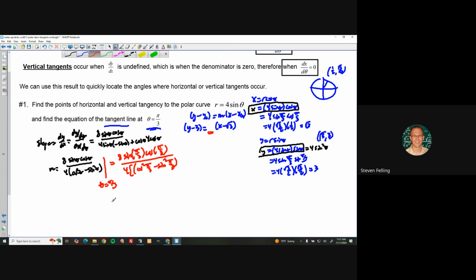All right, so what are all these values? Sine of pi over 3 is square root of 3 over 2. Cosine is 1/2. And then down here I have 4 times the cosine value, which is 1/2 squared, so this is 1/2 squared minus the square root of 3 over 2 squared.